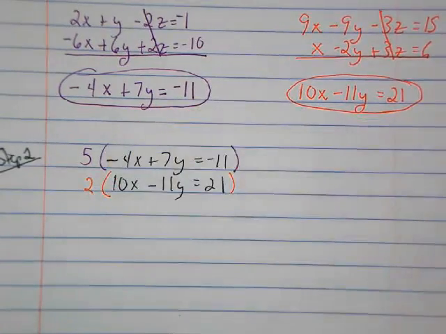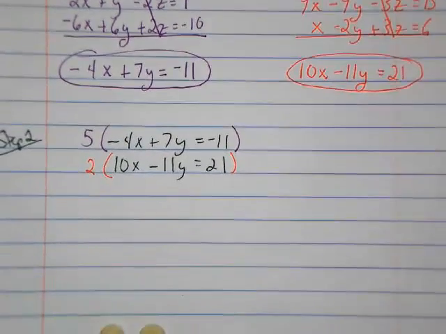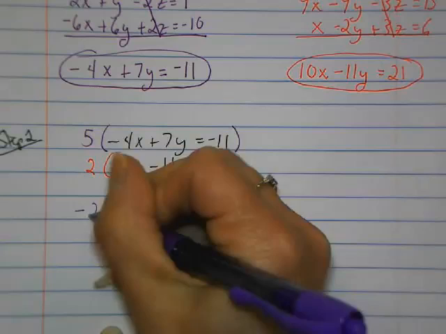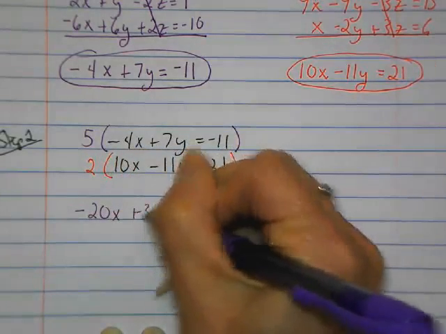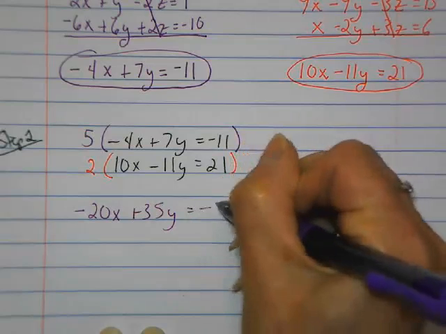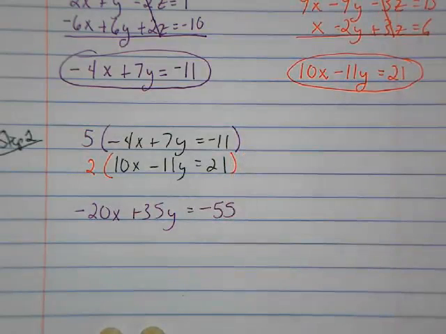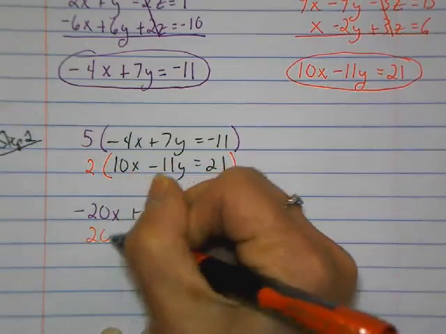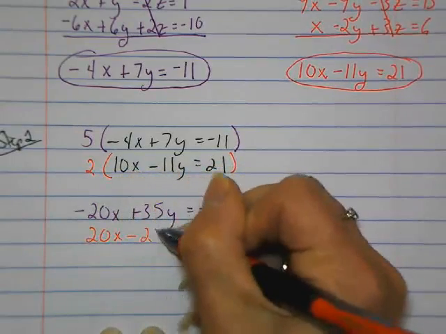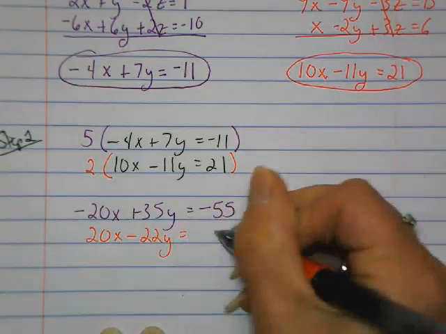Alright, so let's see what we've got. Negative 20x plus 35y equals a negative 55. 20x minus 22y equals 42.